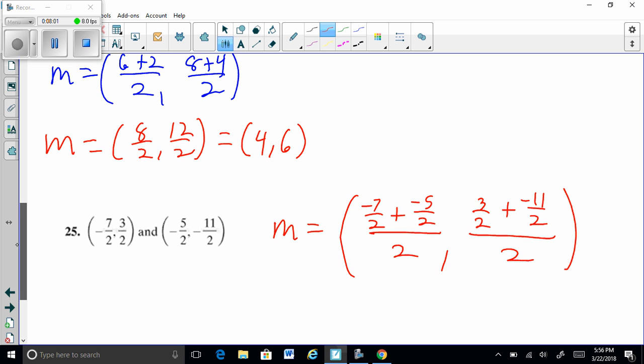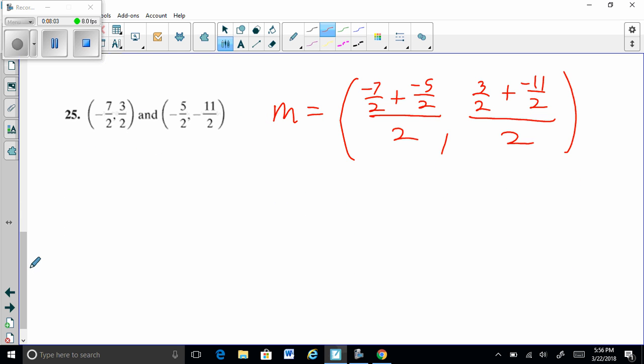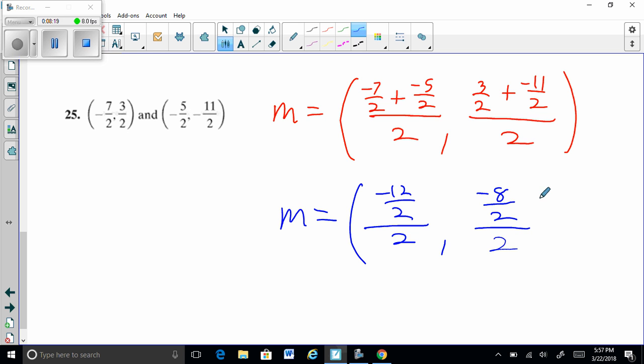And so when you add and subtract fractions or anything like that, you got to have common denominators. And we already have that. That's what makes this one so easy. It's really not bad. So let's see. This gives us -12 over 2 all over 2. And this is going to give us -8 over 2 all over 2. Okay, and so we'll go ahead and simplify those fractions there.